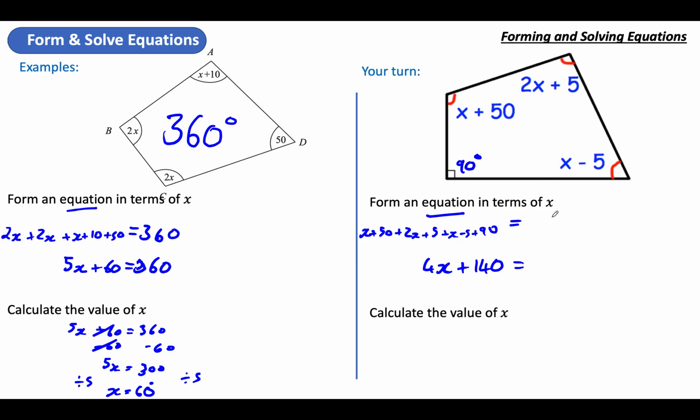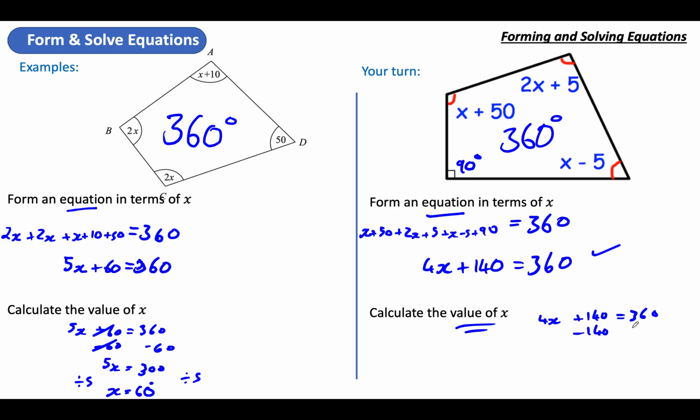Right, now, what do we think it equals? Well, it's a four-sided shape, so the angles add up to 360. So these, when you add them up, must equal 360. There's my equation. Then, calculate the value of x. So let's rewrite it down here. 4x plus 140 equals 360. Take away the 140 from both sides.